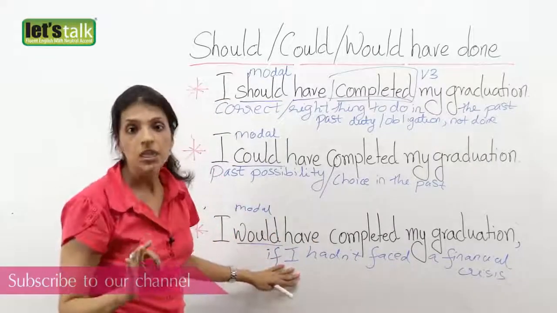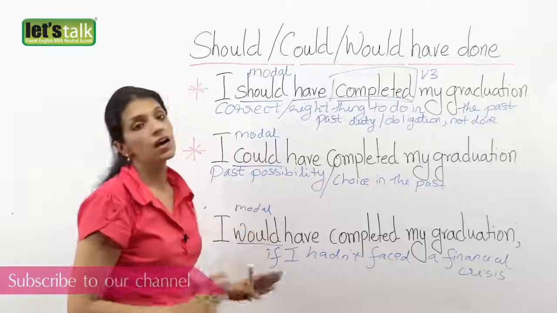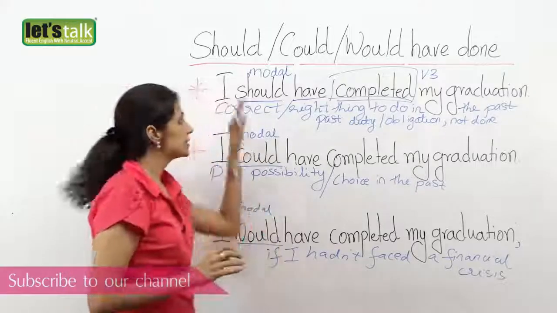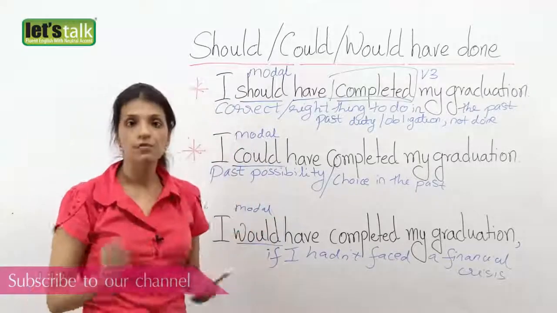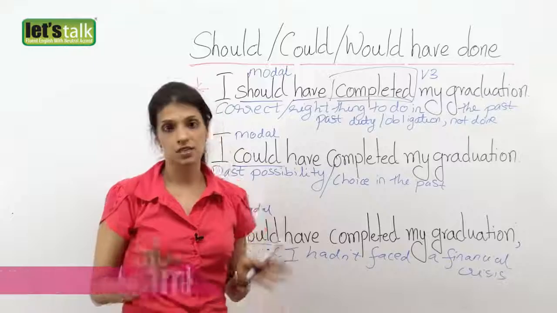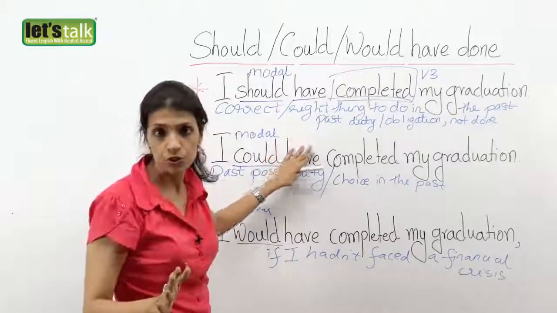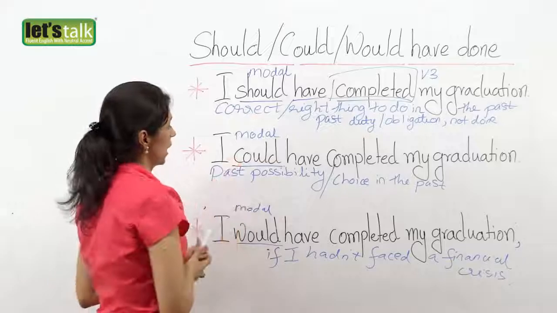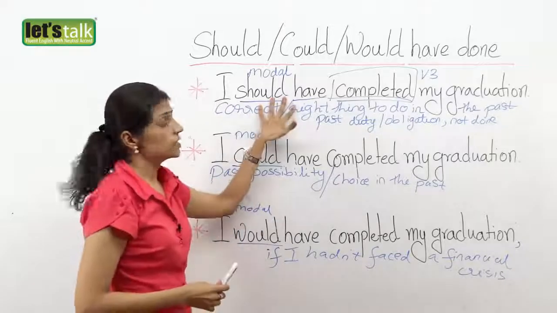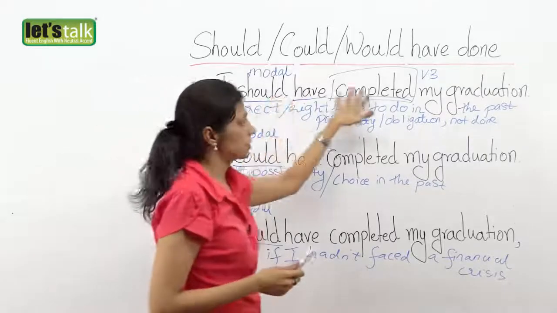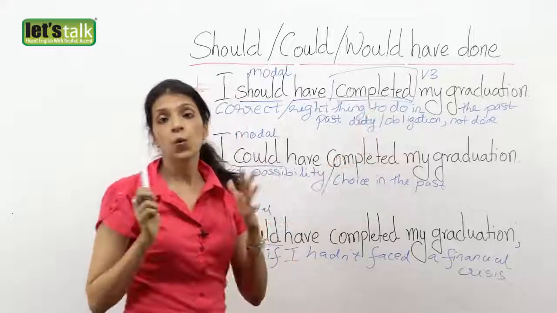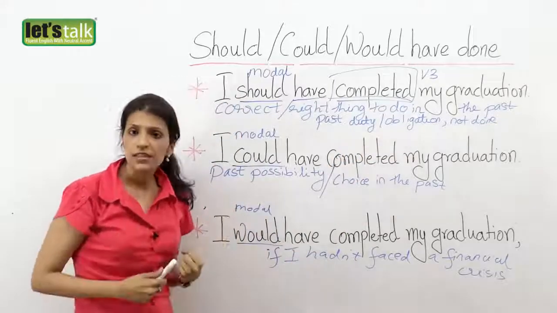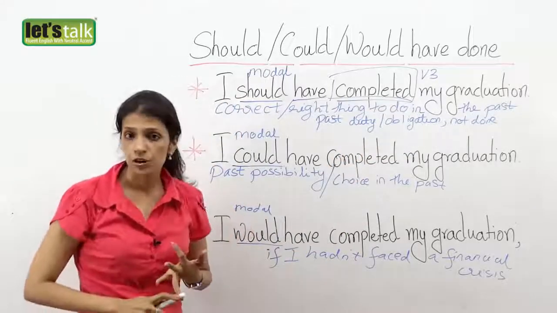So remember, all these 3 sentence structures are correct. If you really analyze 3 of them, they all have one meaning, that the graduation is not completed. You haven't done your graduation, but depending on the situation, you use should, could and would. Again, should is used with the verb in the 3rd form, should have completed, when you have certain regret. It could be a past obligation not fulfilled.